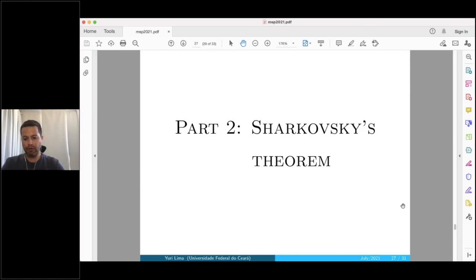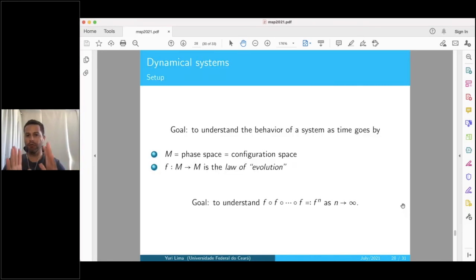Well, in order to explain to you what the theorem is, I should try to give a mathematical formulation of what dynamical systems tries to study. So what is the setup of dynamical systems? Well, I believe you already got convinced that the goal in dynamical systems is to try to understand the behavior of some system as time goes by. You want to understand the evolution of the system.